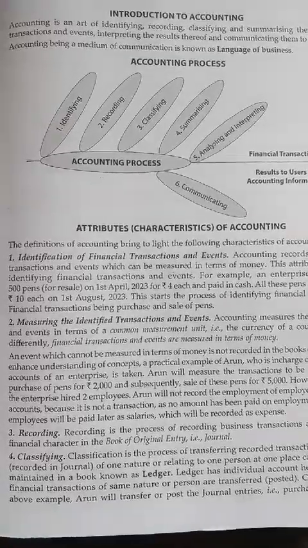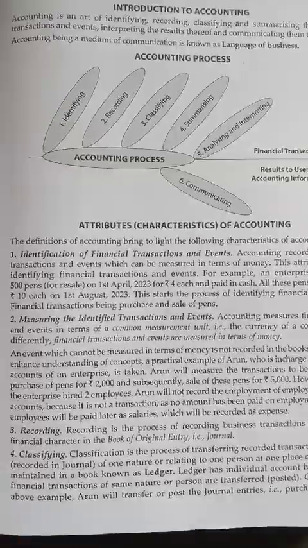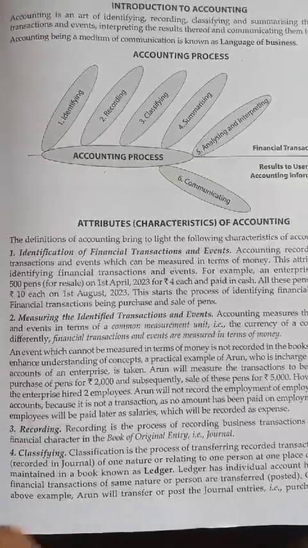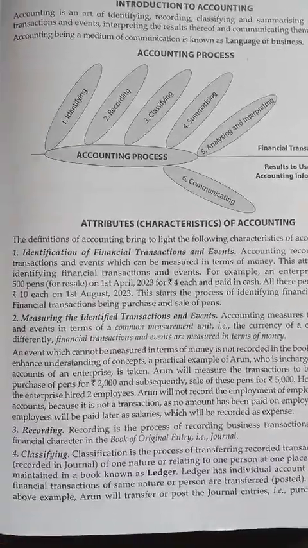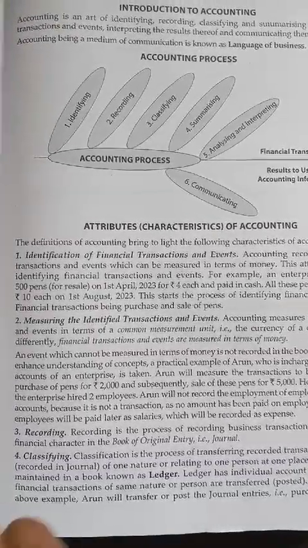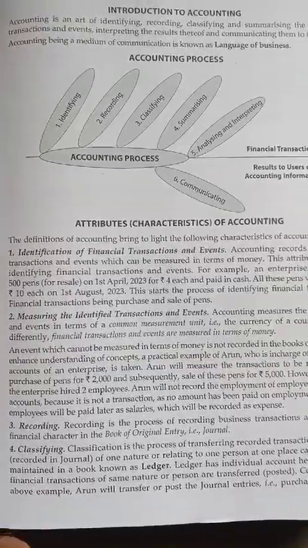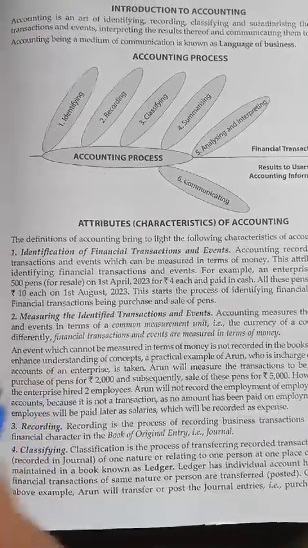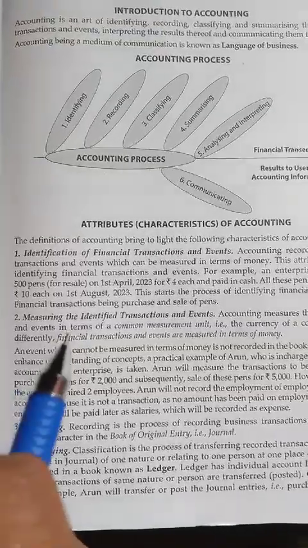All the time you have to keep in your mind that the main objective of a business organization is to earn profit. Otherwise, why would a person go for business? Because business is an occupation, a way of earning money for our living.